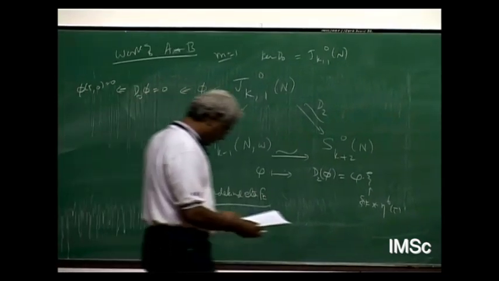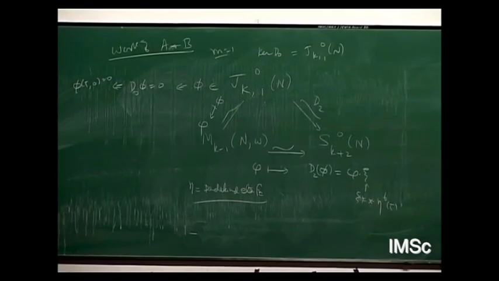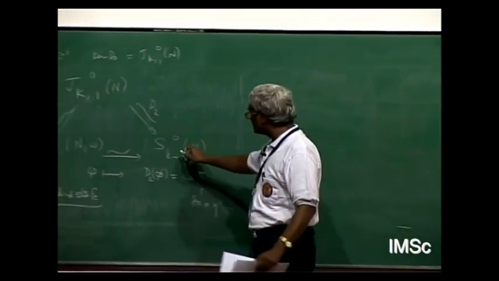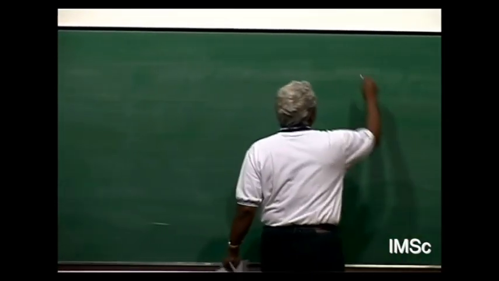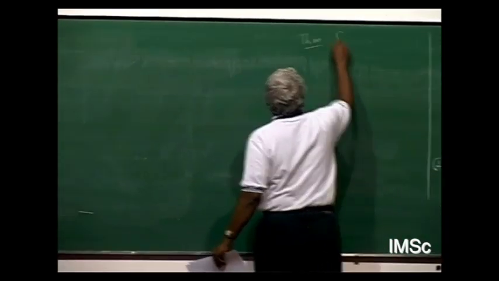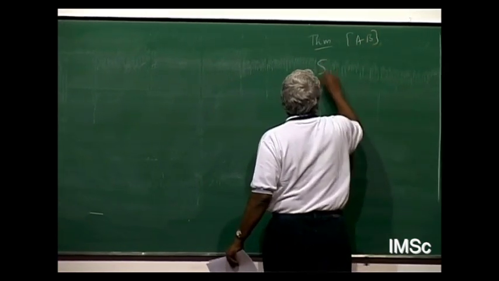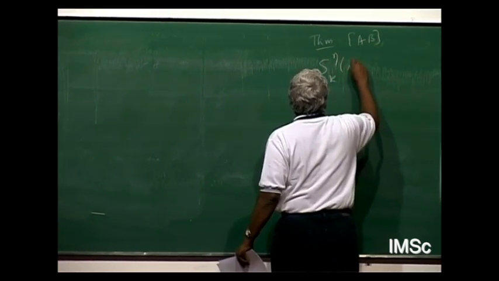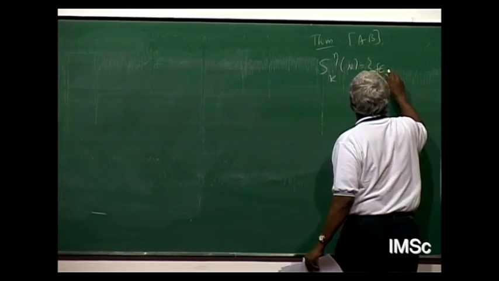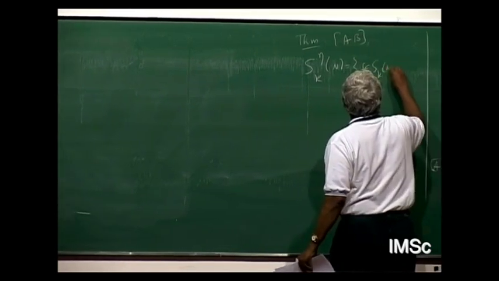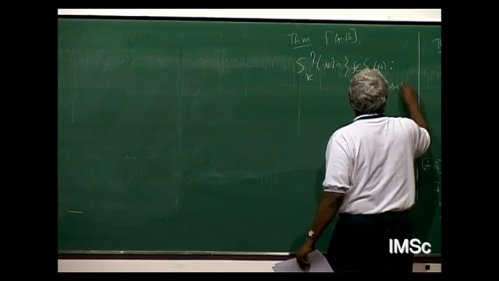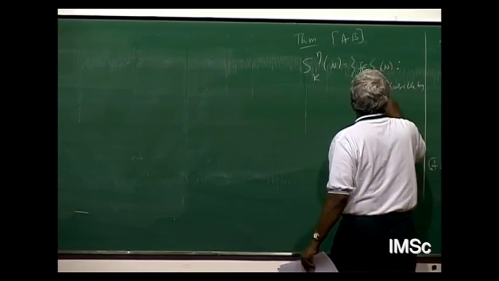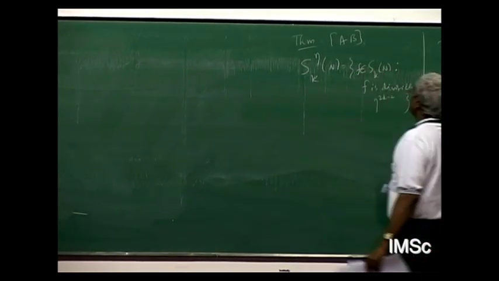Okay, so now I will mention the theorem of Arakawa and Booker, which talks about subspaces of the cusp forms having this kind of divisibility property. Theorem: let S_k^eta(N) be the subspace of all forms belonging to S_k(N) such that f is divisible by eta^(2k-2).